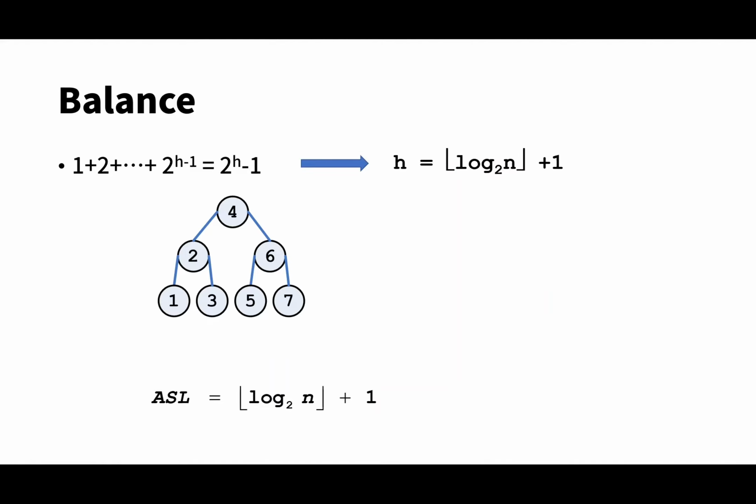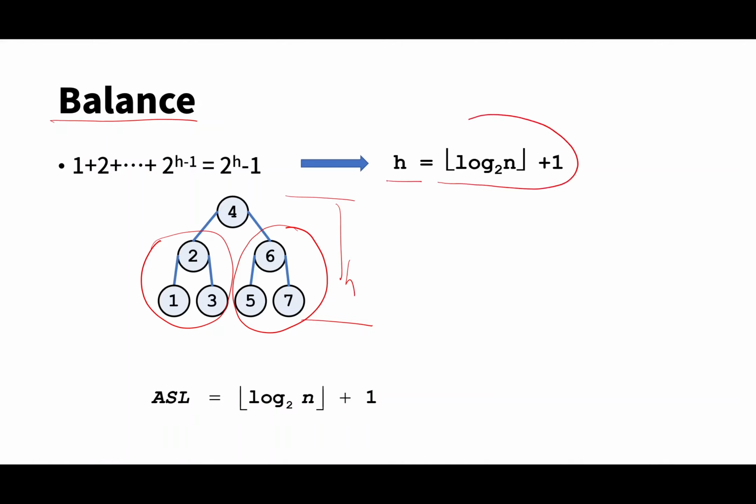If the binary tree is balanced, that is, for any node, the height of the left tree is almost the same as the right tree, we call this tree almost balanced. For the balanced binary tree, the height of the binary tree is equal to this number.